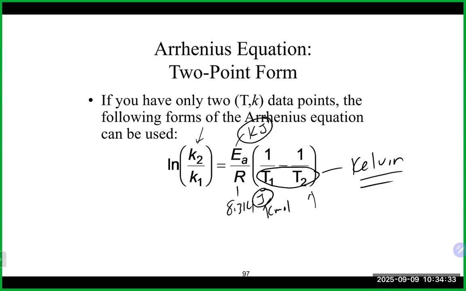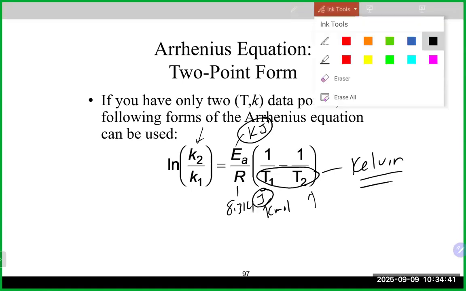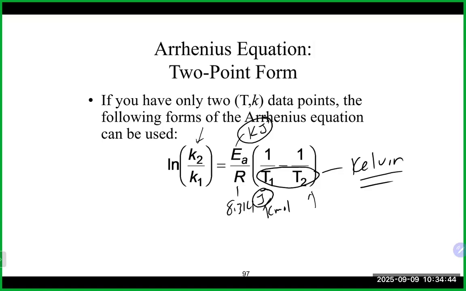So we have natural log of K2 over K1 is equal to E of A over R times 1 over T1 minus 1 over T2. Now, I will say that for this equation, there are probably 3 different versions of it that you might see flying around, including a different version in our lab manual that we'll come across as well.